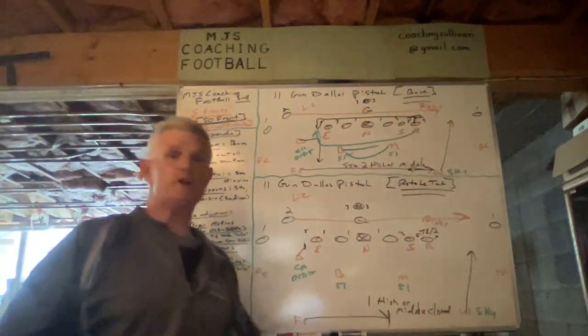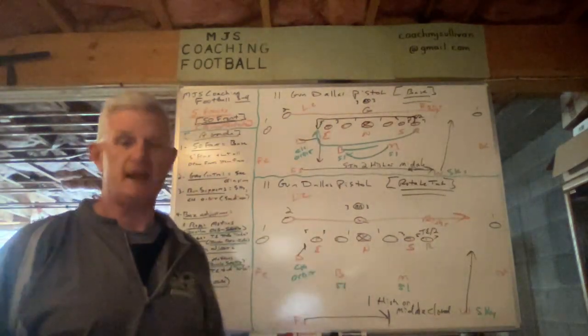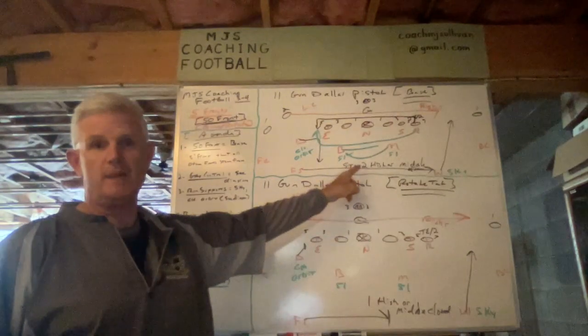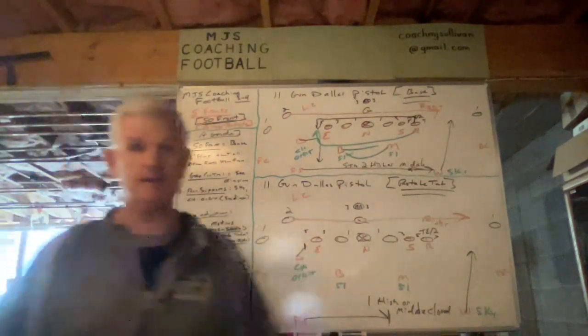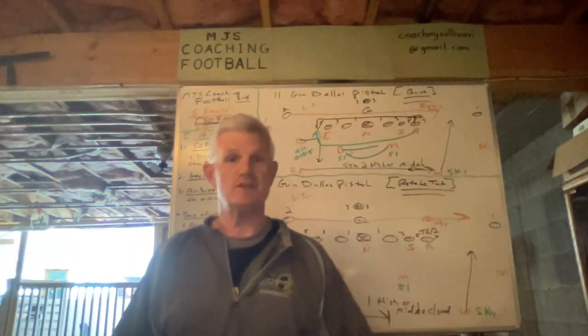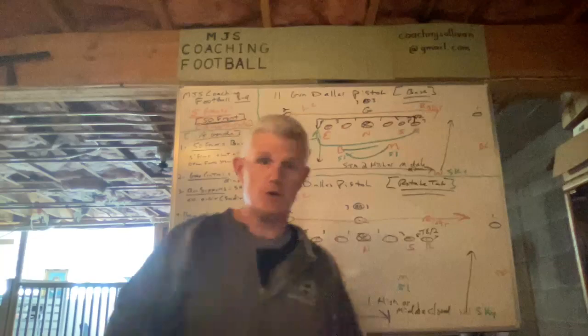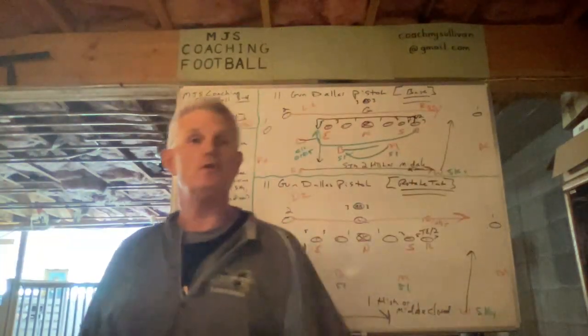So by having two different adjustments, you give the quarterback two different looks, right, at the snap. Two high, middle open, one high, middle closed. Same front, no way they're going to know which one you're going to use as an adjustment until they motion, and then they got to really adjust quickly before the ball is snapped.